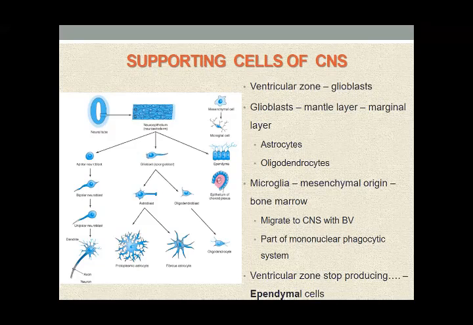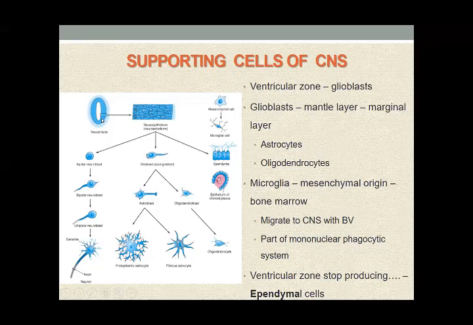So once the ventricular zone, that is this epithelium, has formed all the required neuroblasts and other cells, and no more are required, then this epithelium stops producing these cells and develops into ependymal cells.